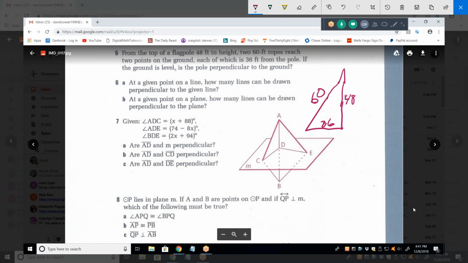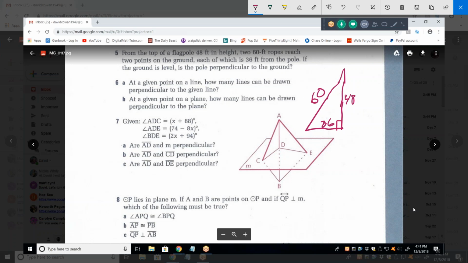Well, let's just deal with one of the triangles for the moment. Is that a right angle right there? Yes. How do we know? Because it's Pythagorean. In other words, 36 squared plus 48 squared is equal to 60 squared.